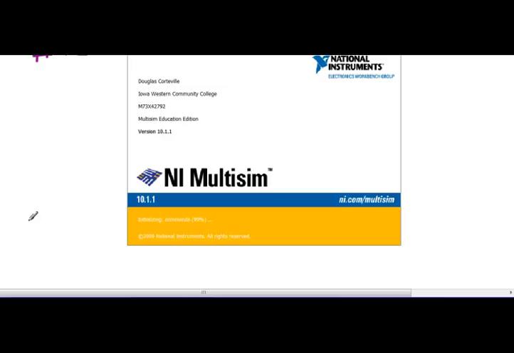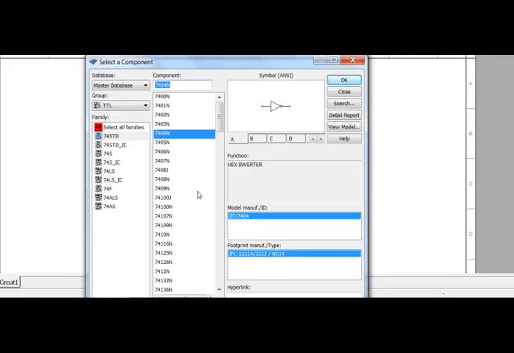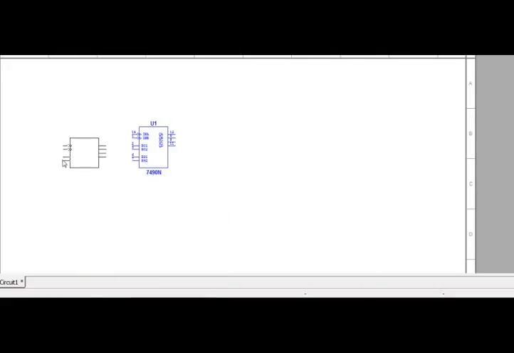There's 40 by 24 and 40 by 12. Okay, so I want a 7490 and 7492. So a 7490 and a 7492. And I probably want them in that order.